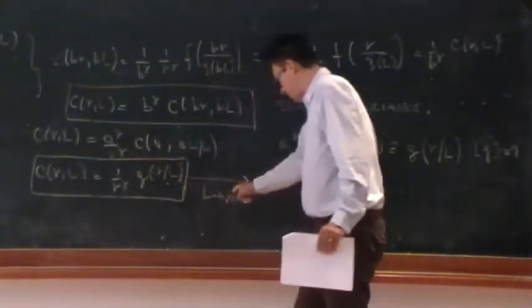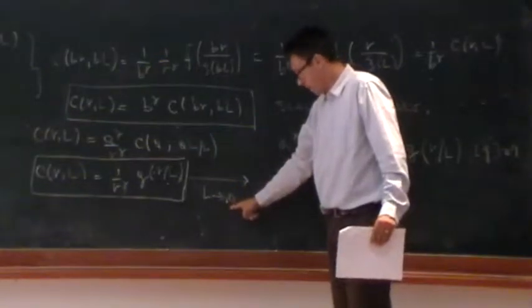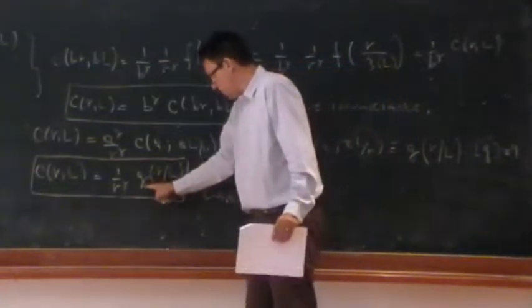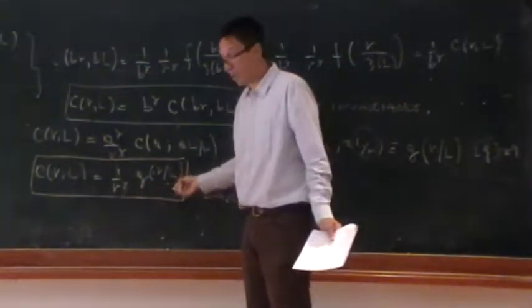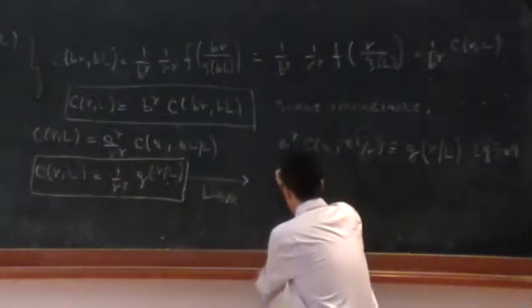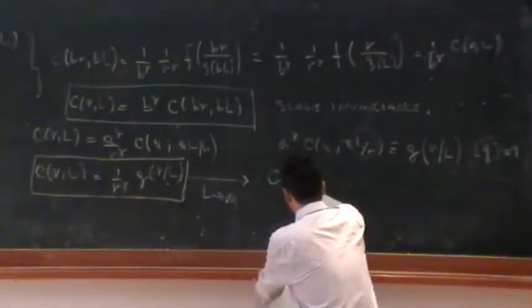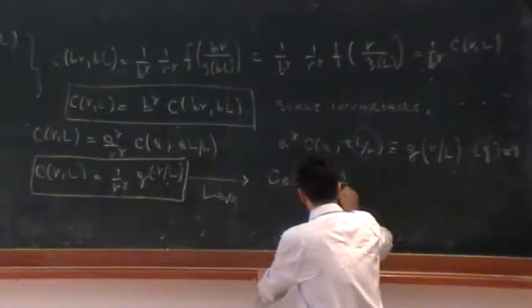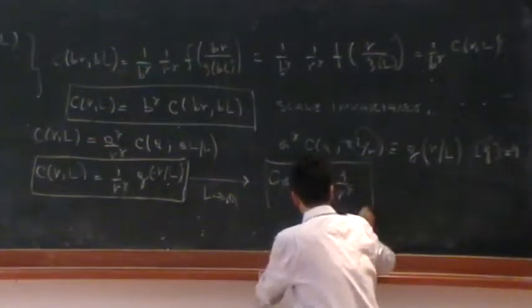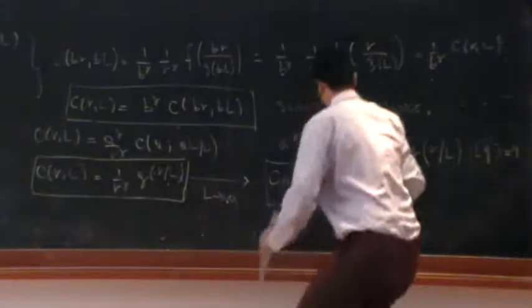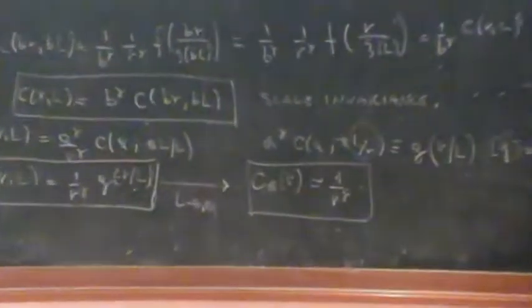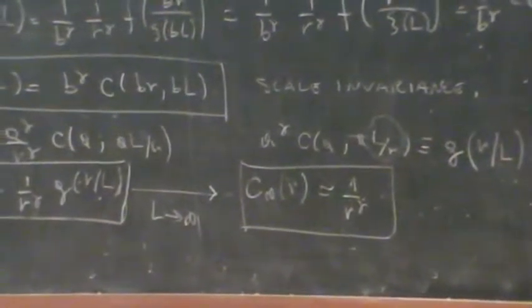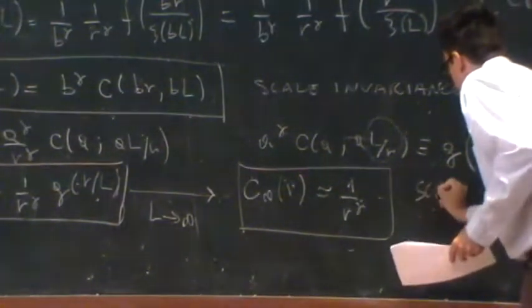And so now I can ask what happens when L goes to infinity. When L goes to infinity, this goes to G of 0, which is just a constant. And so what we have is that C infinity of R, so the bulk correlation function, the one you don't have access to, is just a power law. And this is what you mean when you say it has scale-free correlation.